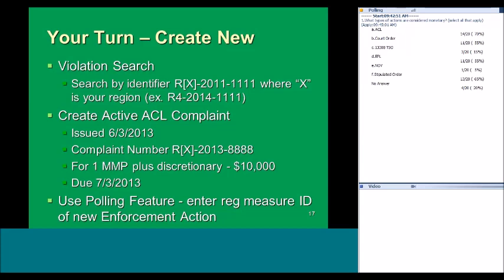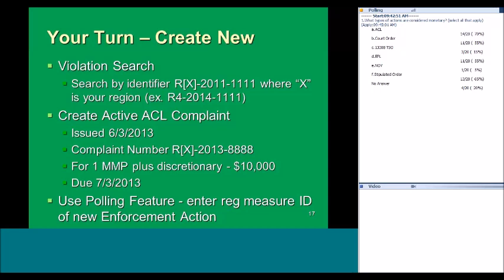So this is for you to create a new record, and you start with your violation. So in test, you're going to log into test. That's the key feature here, and you can search by an identifier at the bottom of the search screen. I've set up orders for each of the regions.